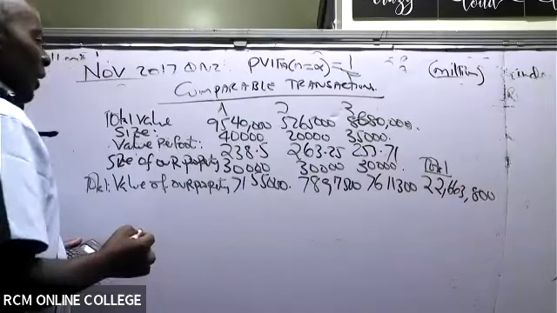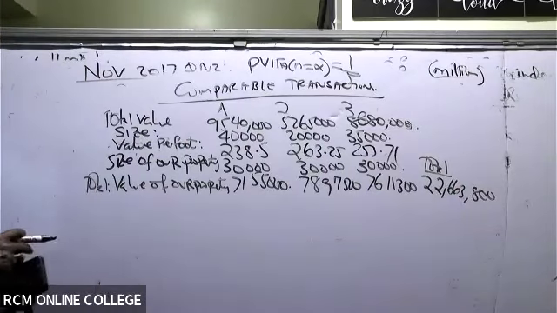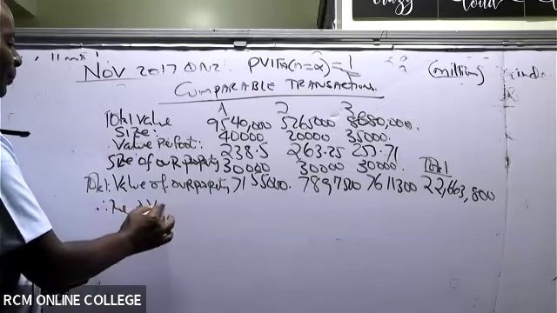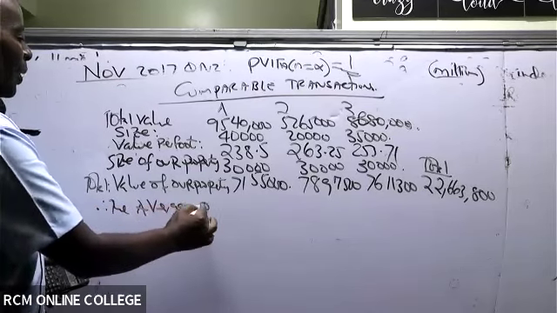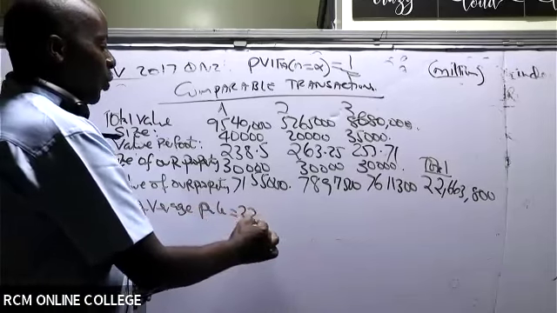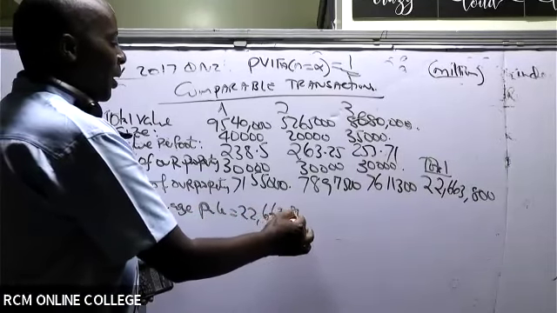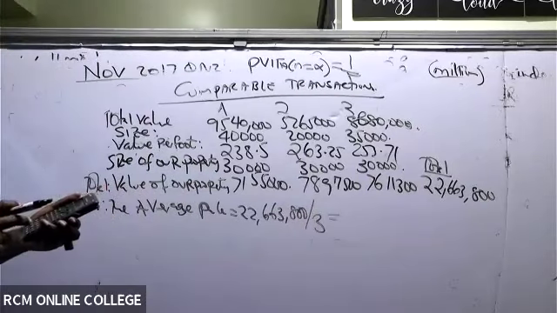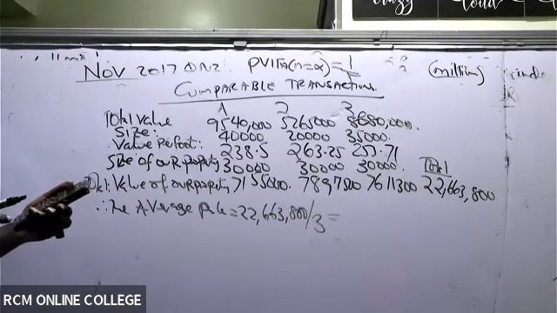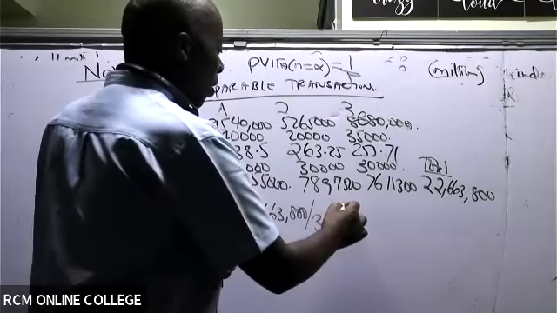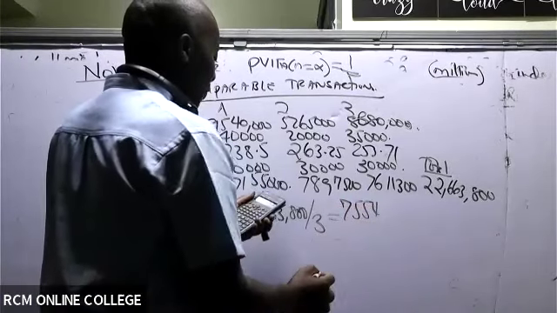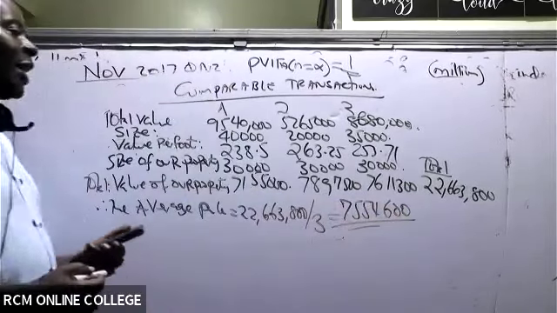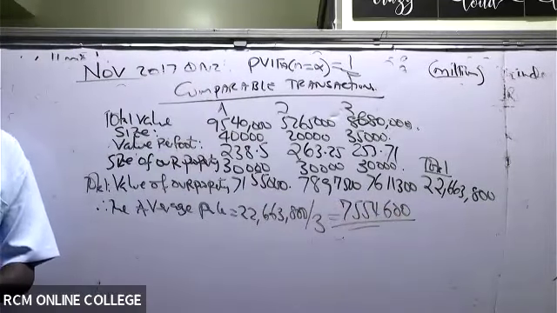And therefore the average price will be 22,663,800 divided by 3 properties, which gives us 7,554,600. So value your property at that amount.